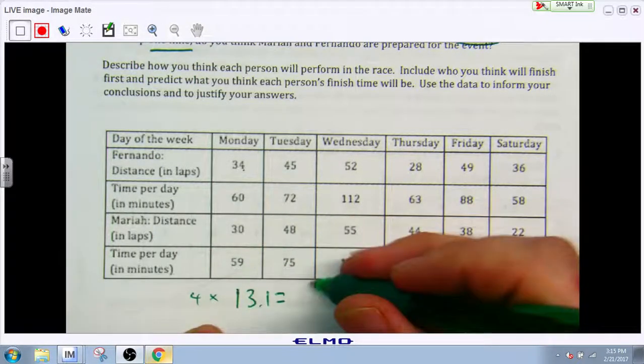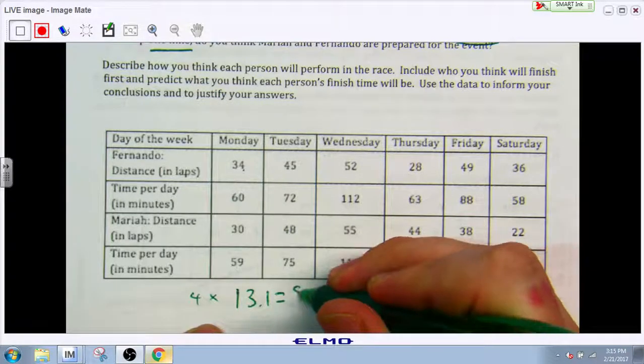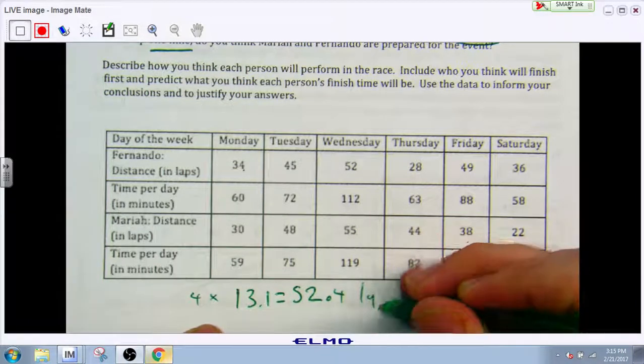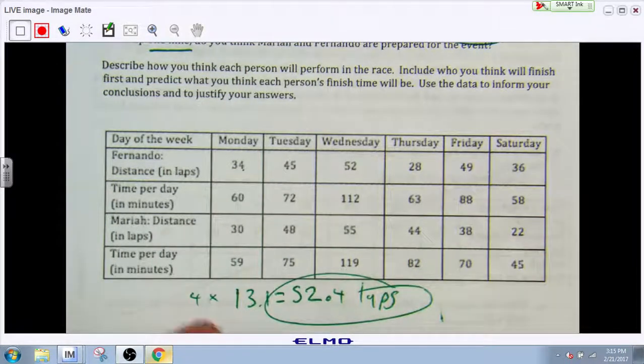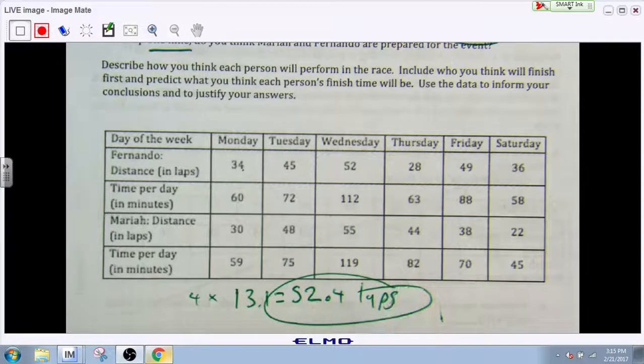So that's going to end up being 52.4 laps. That is our goal. We want to hit 52.4 laps.